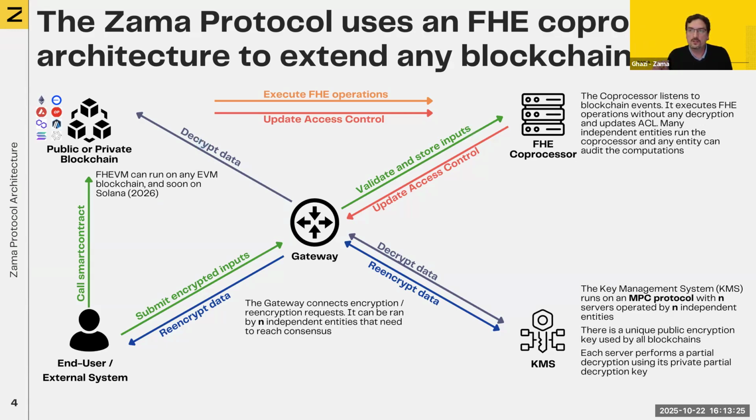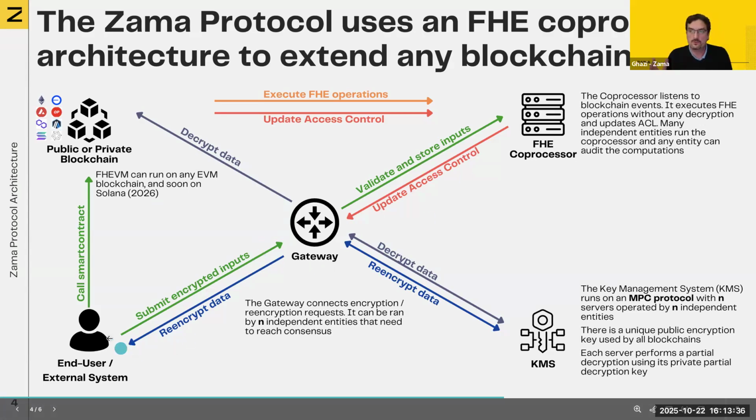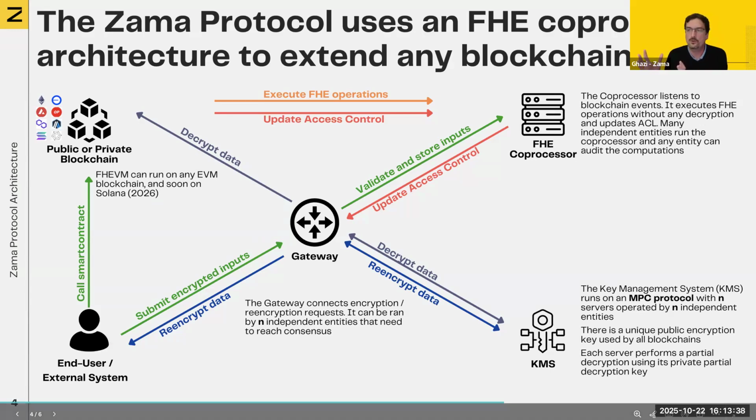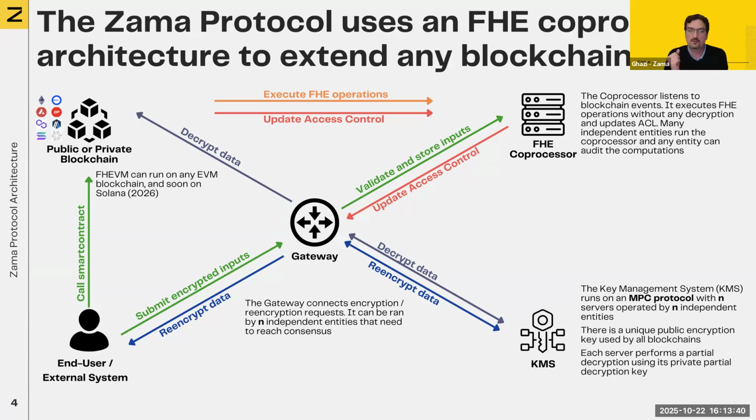But so on the technology side, I described how to execute operations. But obviously, you need a starting point, which is the inputs, how to submit inputs into the blockchain. And that happens basically on the browser or on the endpoint of the client. The end user will encrypt his data using a public encryption key.